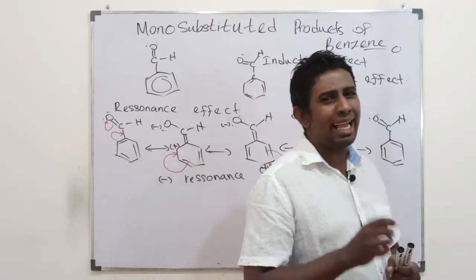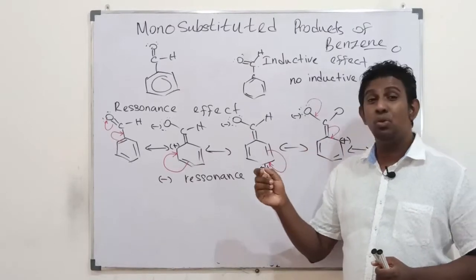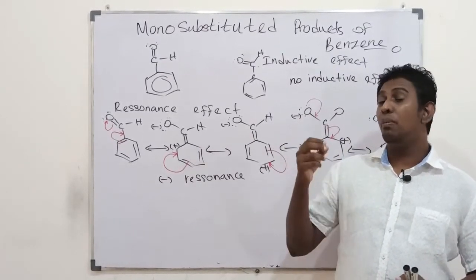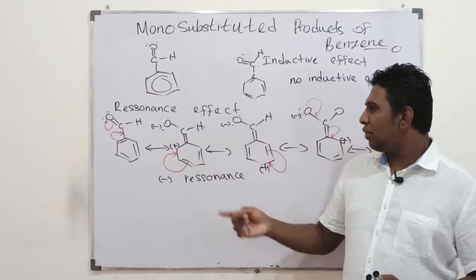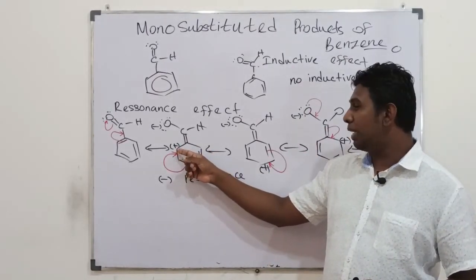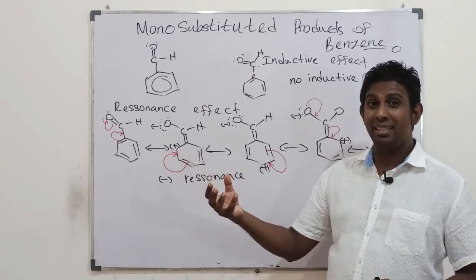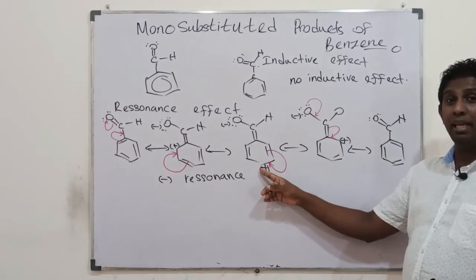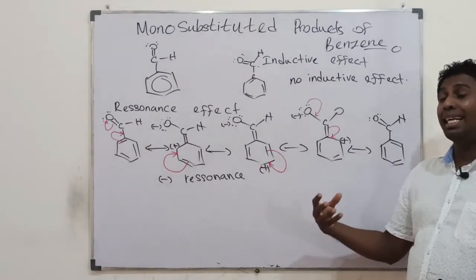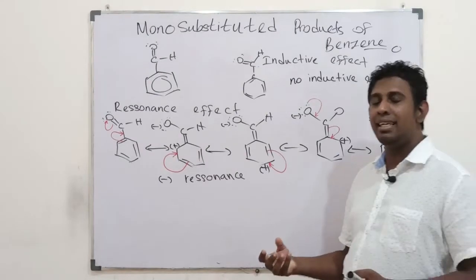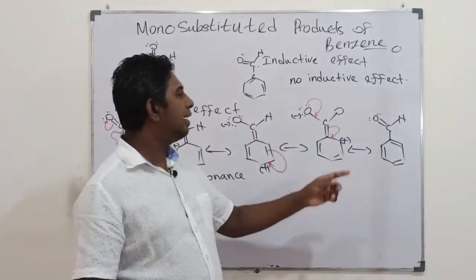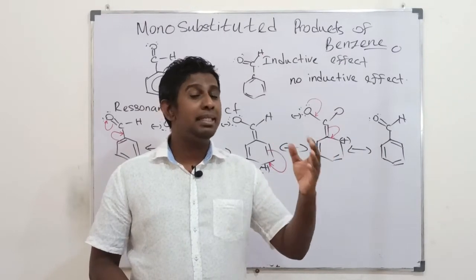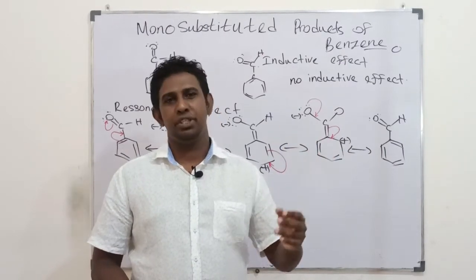Then they won't attack those positions where you have less electron density, where you have positive charges. So this ortho place would not be attacked that readily, and this para place would not be attacked that easily, as well as again these ortho positions. So they are skipping those ortho and para positions.